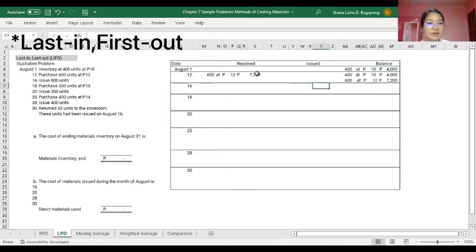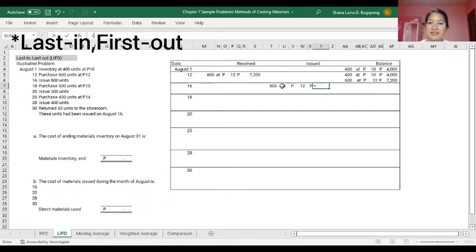Okay. On 16, nag-issue siya og 500 units, di ba? So kay last in, last out man ta, ang kuhaan nato is kani siya. So 500 units at 12 pesos.